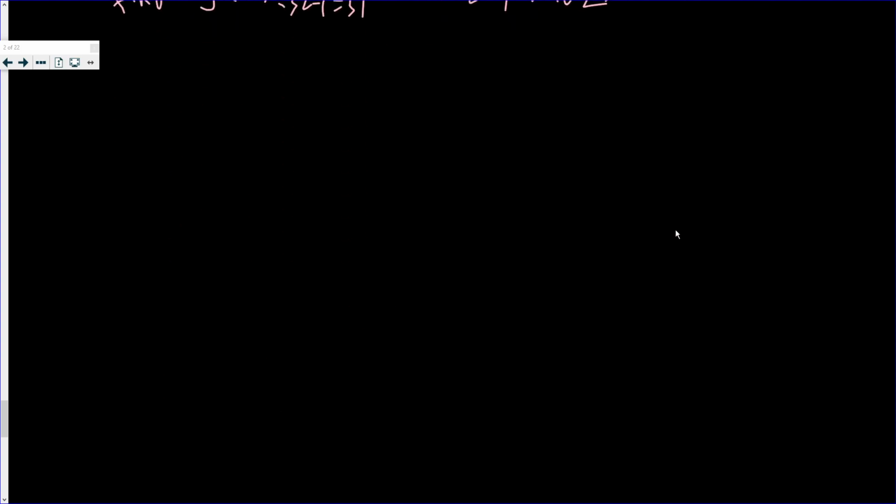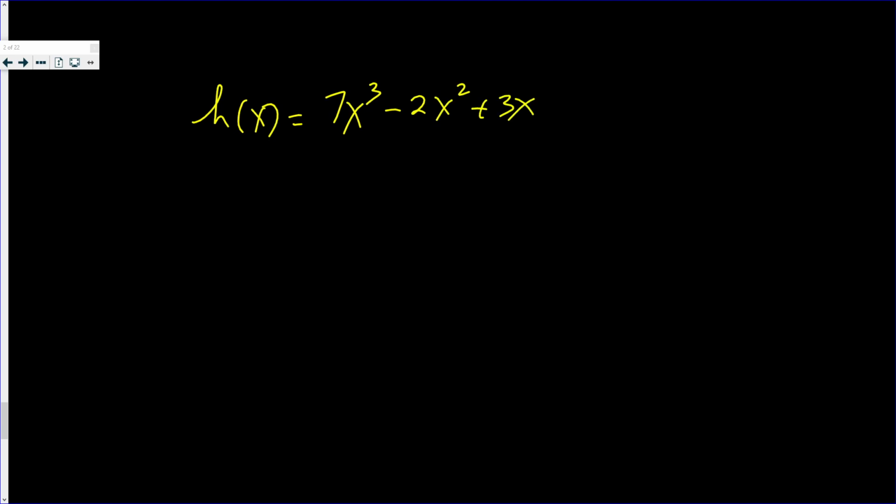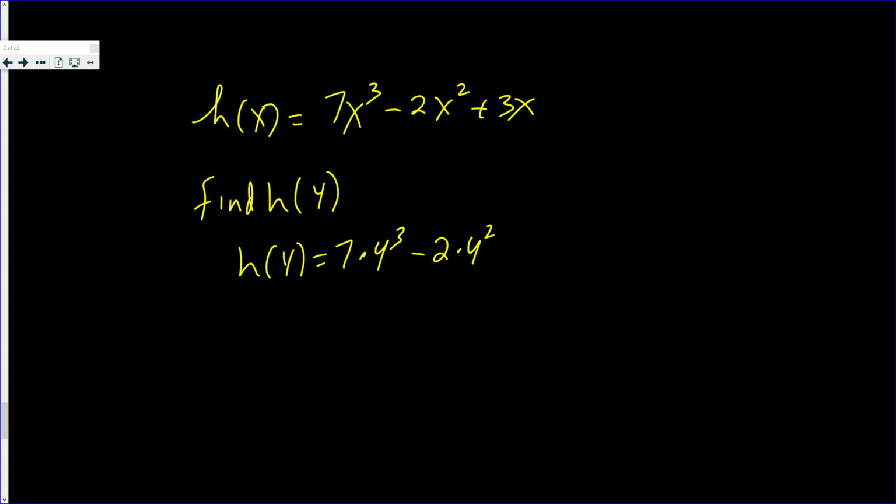Let's look at this a little bit more closely. Suppose I were to tell you that h of x is equal to 7x cubed minus 2x squared plus 3x. And I want you to find h of 4. Well, one way of doing it is 7 times 4 cubed minus 2 times 4 squared plus 3 times 4.